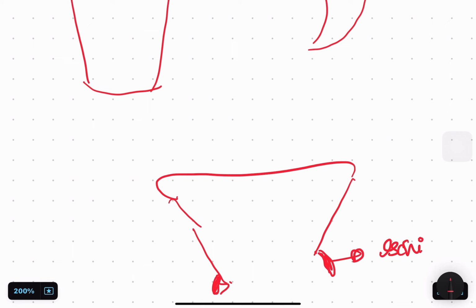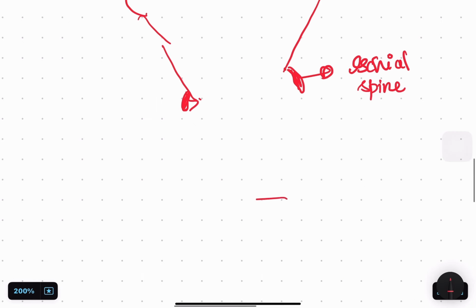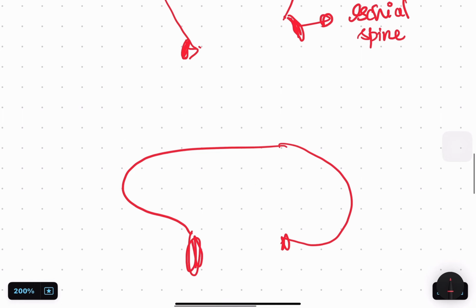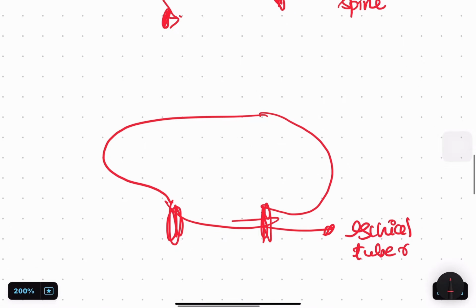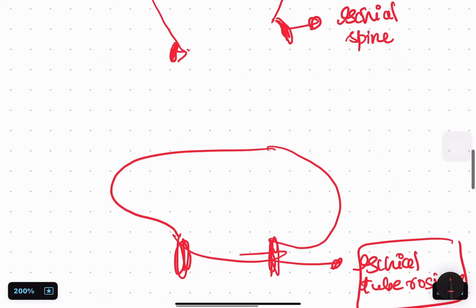Okay. Think of it as the ischial tuberosity. Okay.